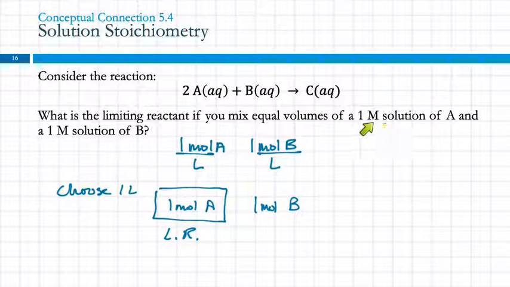The concentrations are equal. So no matter what volume I pick, if I have equal amounts, I'm going to have equal amounts of moles. If I have equal numbers of moles, I'm going to have something left over because I need twice as much A to react with B. If I have equal amounts, I'm going to run out of A first.